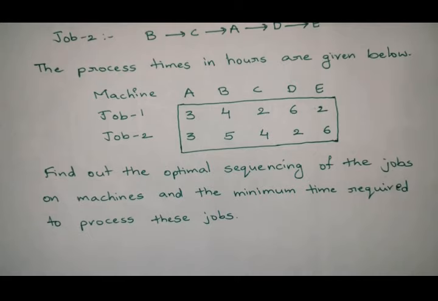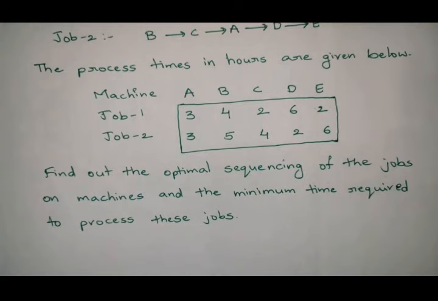Before solving by the graphical method, we need to check one thing. First, let us calculate the total time required to complete job 1 without idle time, and also the total time required to complete job 2 without idle time.